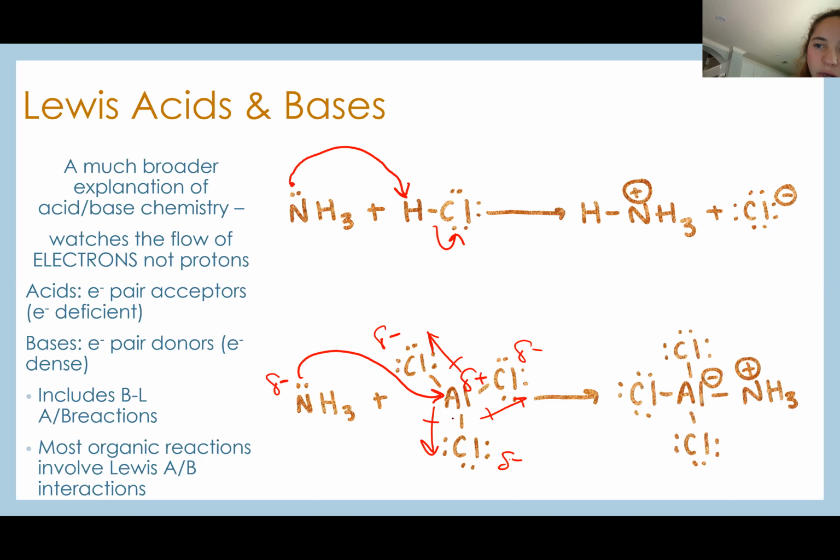What we end up with is a complex between the aluminum chloride and ammonia, where we now have a positive charge on ammonia because the ammonia donated its electron pair, which makes it a Lewis base, and the aluminum accepted it, which makes it an acid, and also puts a negative charge on the aluminum. So this is a Lewis acid-base reaction, and we're going to see a lot of these in this chapter.